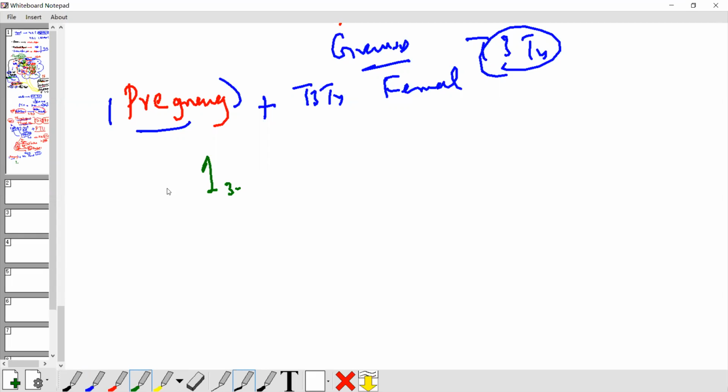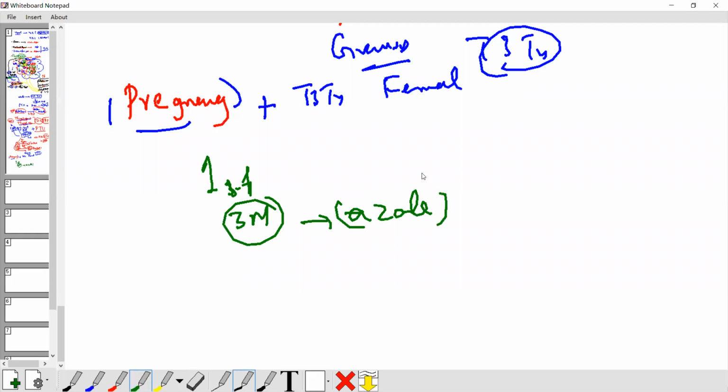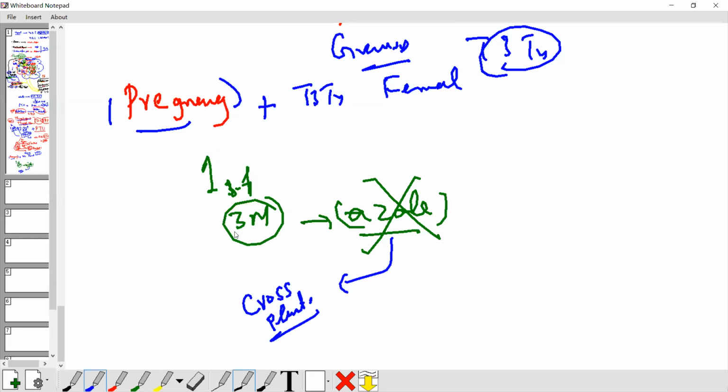The first trimester means the first 3 months. During the first 3 months, I can't use azoles. Must keep in mind: never give azole to the mother in the first trimester, because that's not safe. Azoles, carbimazole and methimazole, cross the placenta, and the first 3 months are very important for the baby's organ formation.